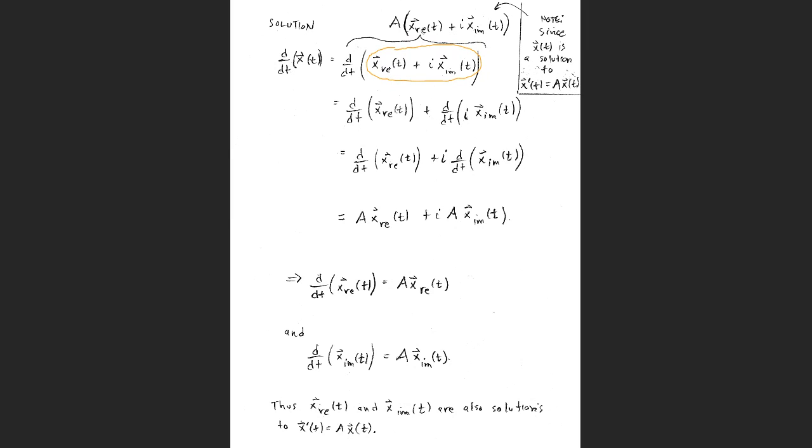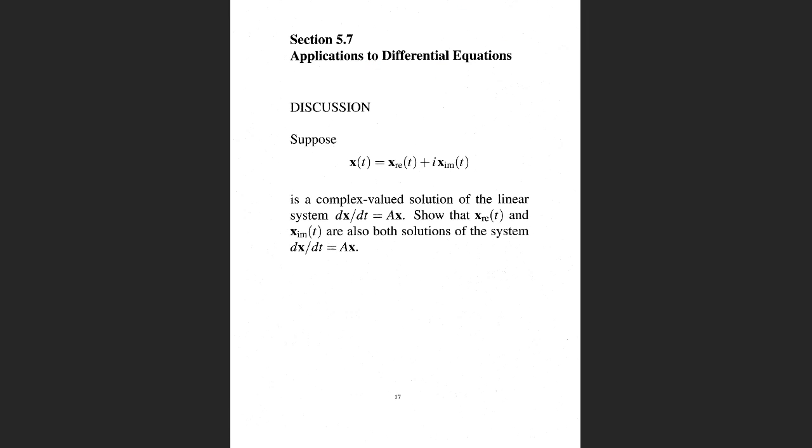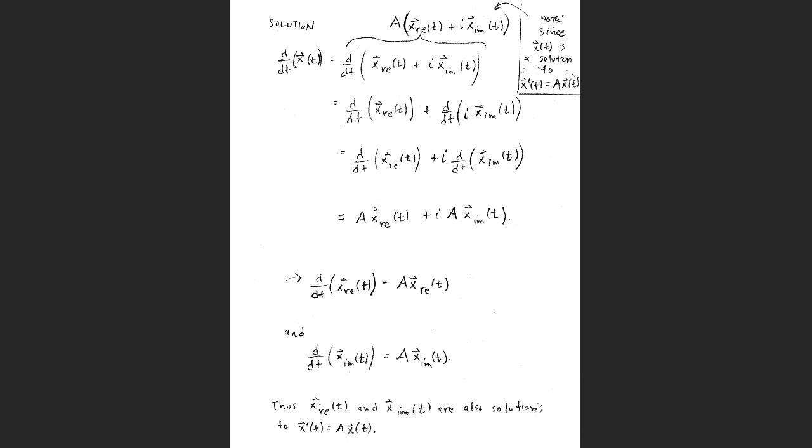And incidentally, we're told that d/dt of this vector is equal to A times the vector, because in the problem we're told that this is a complex valued solution. So when you take the derivative of that vector, it's going to equal A times that vector.